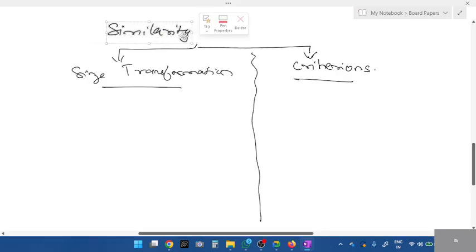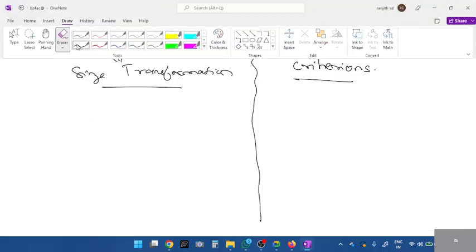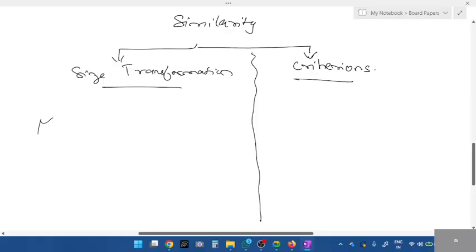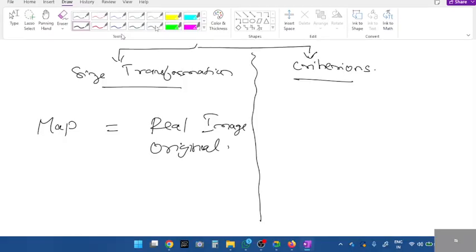One is size transformation. In size transformation, just remember the formula. Left hand side, you'll have map, students. Map, or right hand side, real image, real or original value.